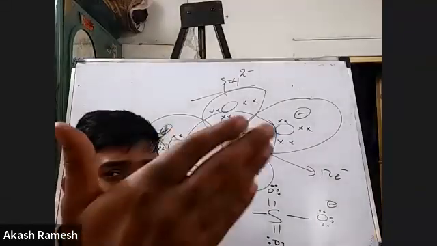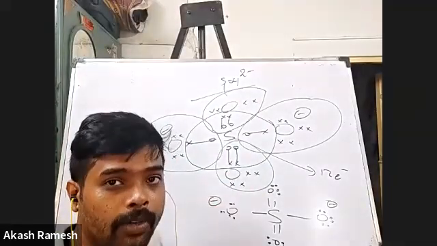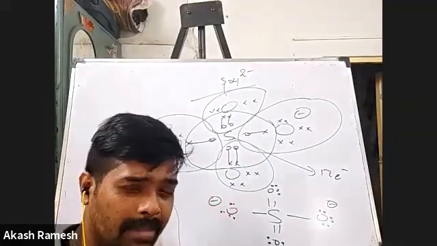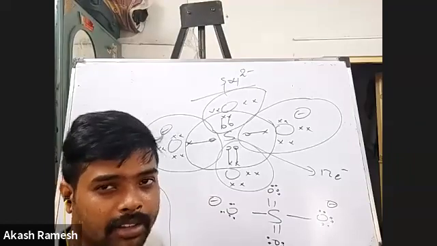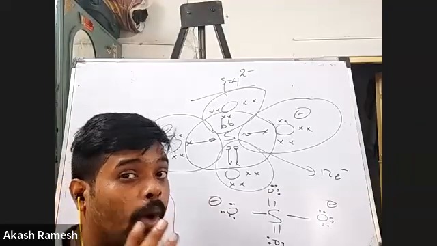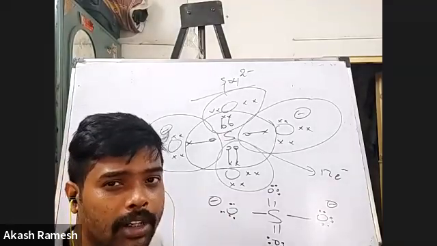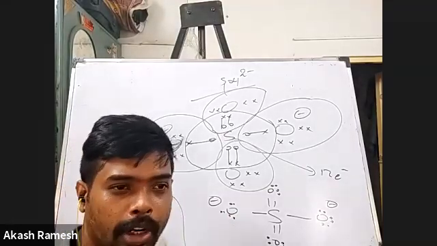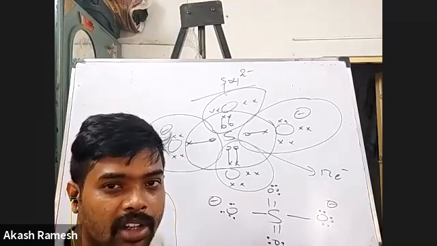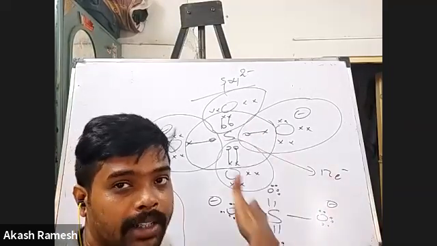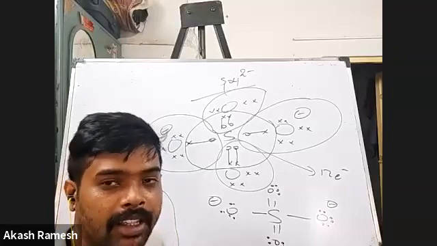But from period 3 onwards, the elements can have more than 8 electrons. We will see the reason for this. How is it able to accommodate 12 electrons and all that? We will see some more molecules having more than 8 electrons in the valence shell, and some more theories which will explain this, in the next class.